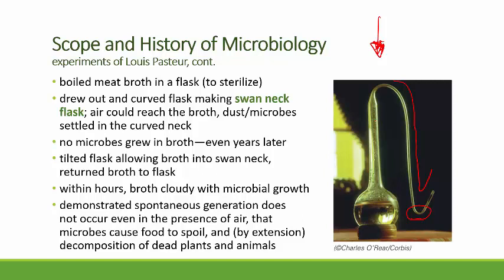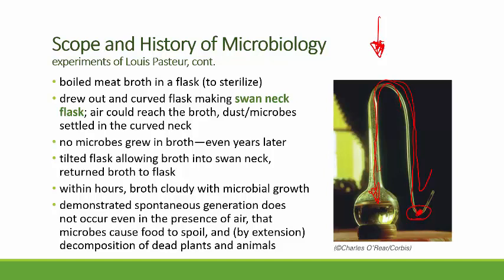And then to show that whatever was in the air had settled out in the crook of the swan neck, he tilted his flasks so that fluid ran up the flask and down into the swan neck, could grab the dust and stuff, and then he tilted it back again so that everything ran back into the broth. Within hours, that broth would become cloudy with microbial growth.